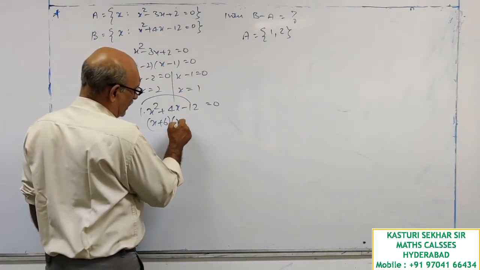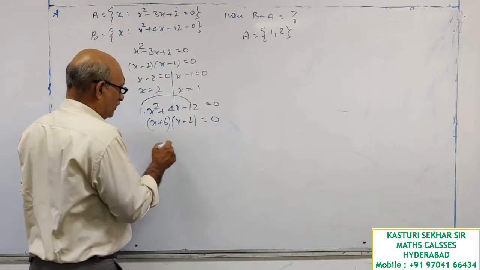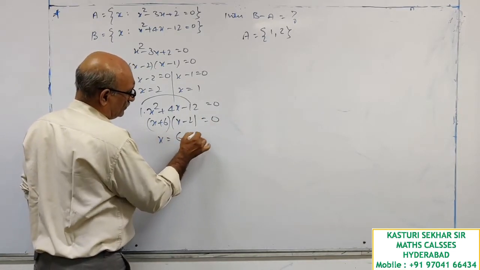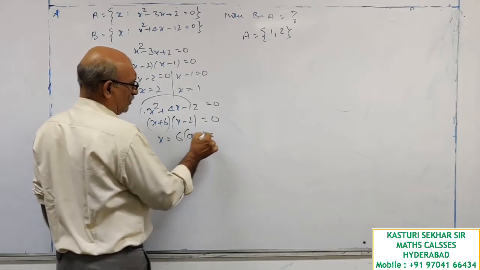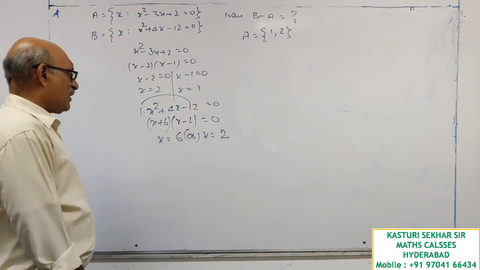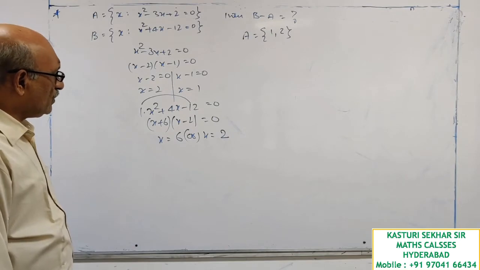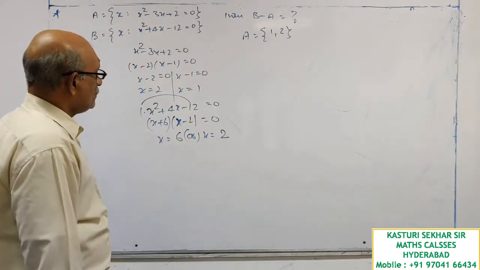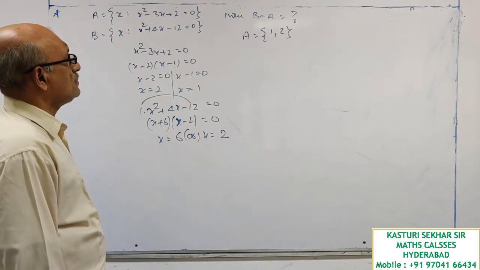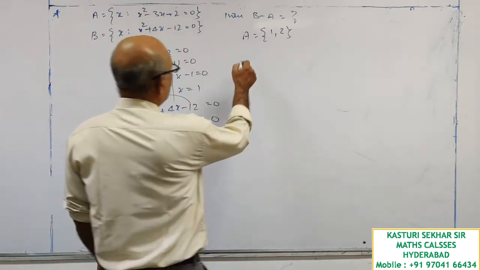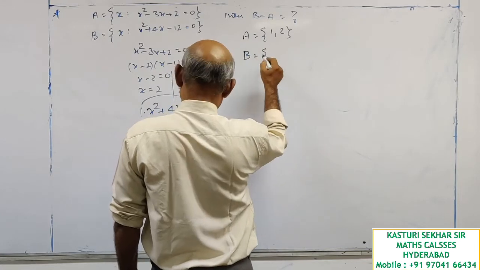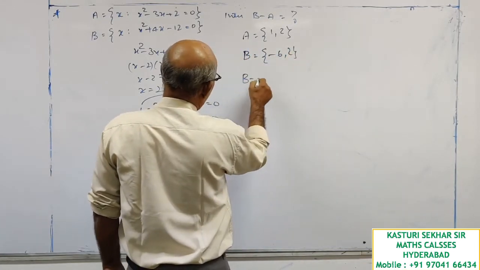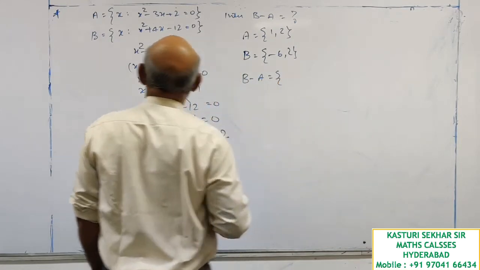So (x plus 6)(x minus 2) equal to 0. x is equal to minus 6 or x is equal to 2. Okay. So set B is equal to {minus 6, 2}.